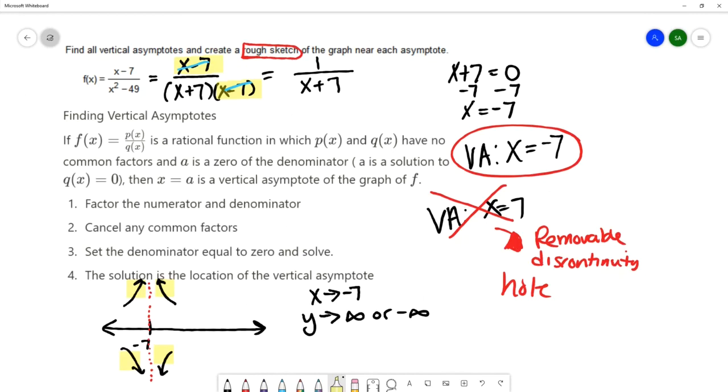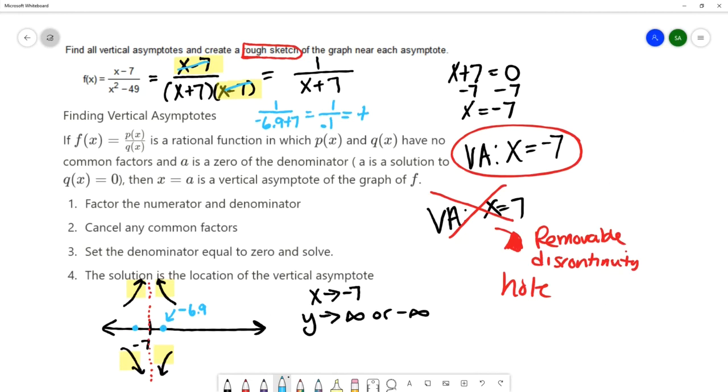I need to figure out which ones are right and which ones are wrong. The way that I do that is I pick a sample point or a test point on each side of the line. So if I pick a number a little bit more than negative 7, like negative 6.9, and substitute it into my function, that would give me 1 over negative 6.9 plus 7, and that's 1 over 0.1, and that's going to give me a positive value.